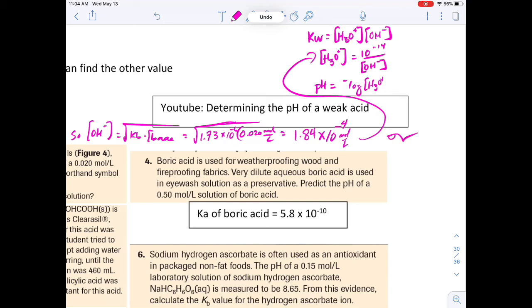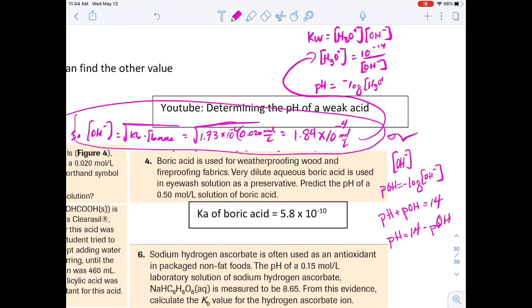Or I could take the concentration of hydroxides and find the pOH equals the negative log of the concentration of hydroxides. And then pH plus pOH equals 14. So my pH would equal 14 minus the pOH, and I should come out with the same answer. So there are two ways to get to the same answer, but it all starts using this kind of calculation.